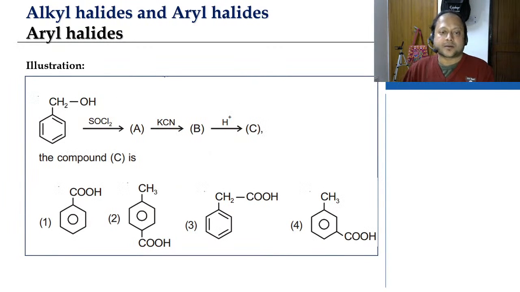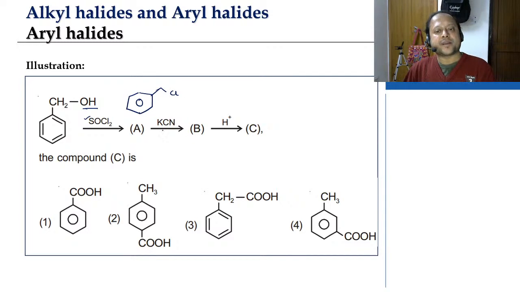Okay, quite an interesting one. So you have got benzyl alcohol, right? When you are dealing with such a compound with SOCl2, thionyl chloride, what is going to happen? It's a chlorinating agent, a very strong and good chlorinating agent. So it is going to replace this, and in A you are going to have benzyl chloride.